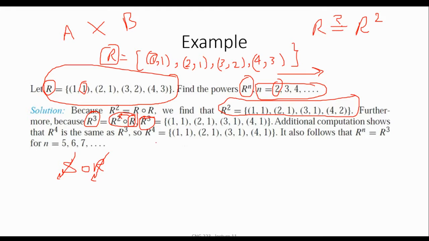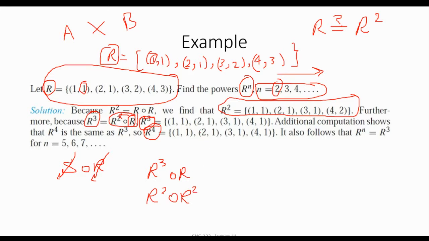But when we continue like this, and we find, for example, R4 after that, then, well, by the way, how can you come up with R4? You can say, for example, this is R3, R, and you find R4. You can also do that, R2, R2. They should give you the same answer.